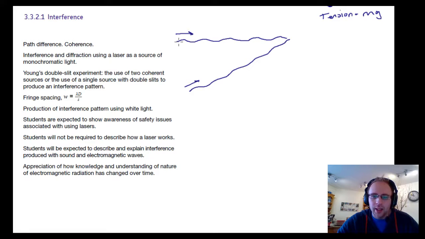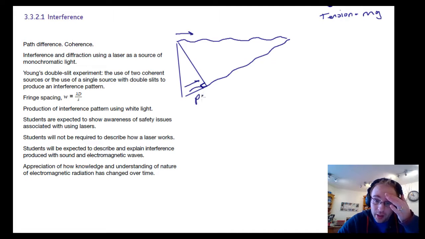And we can find out what that distance is if we know the separation of the two sources, and we draw a line perpendicular to the wave coming this way. This will be our path difference here.